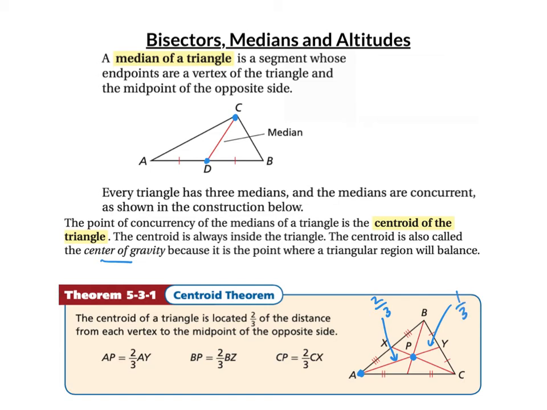So if, let's say, AY was equal to 12, I take 12 and break it into 3 equal parts, divide it by 3, you get 4. I know that AP would be 2 of those, it would be 8. And PY would be 1 of those, it would be 4. Together, 8 and 4 make the whole length of 12. That's an example.